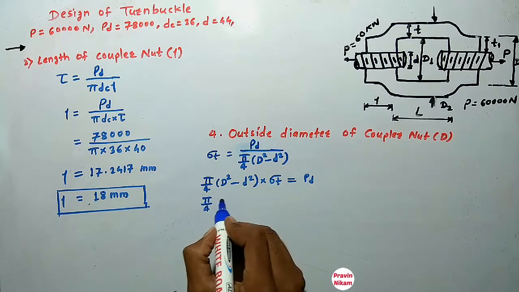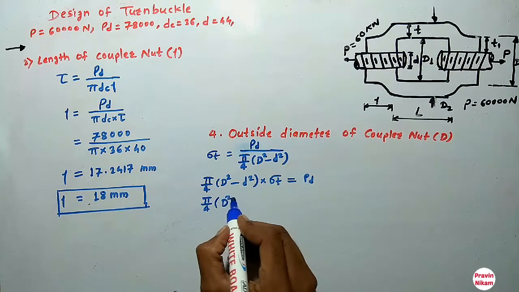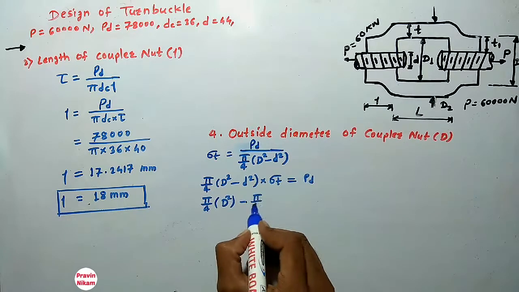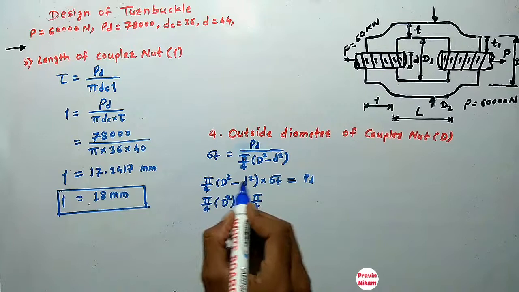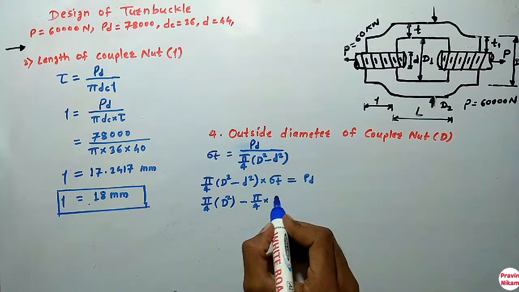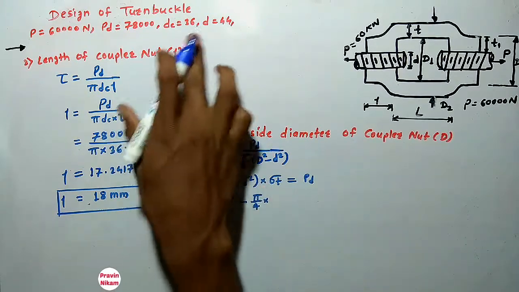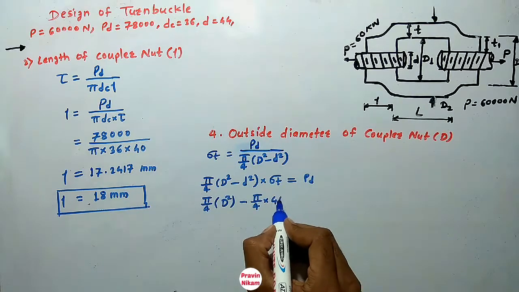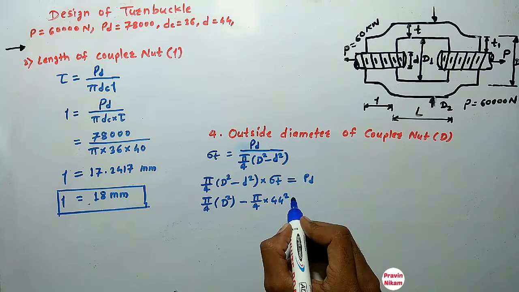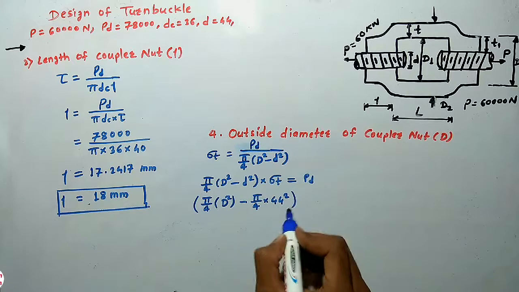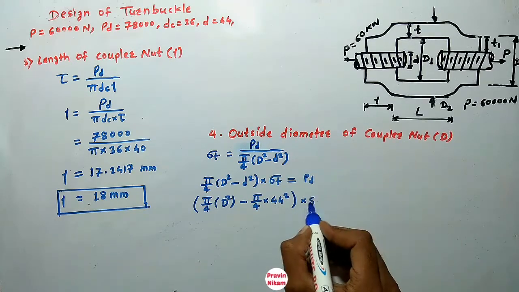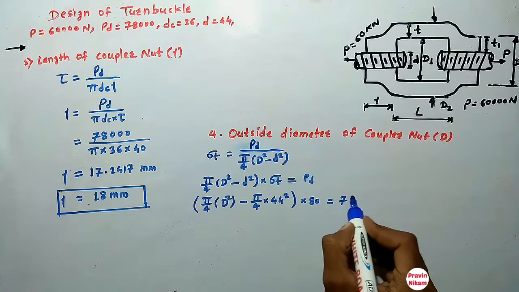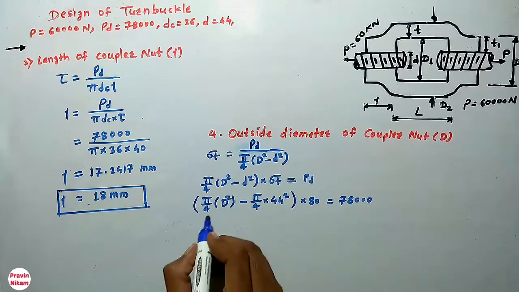Pi by 4, put the values, pi by 4 D square minus pi by 4. So this pi by 4 multiplies both the terms. So pi by 4 into small d is 44, 44 square into sigma T. For coupler nut, sigma T is 80, is equal to PD, which is 78,000.